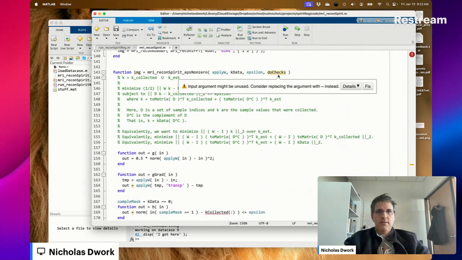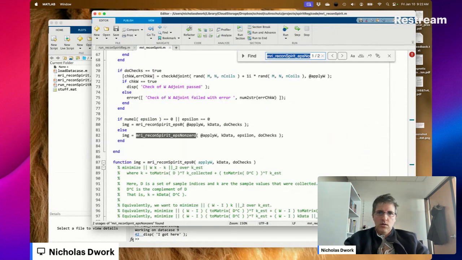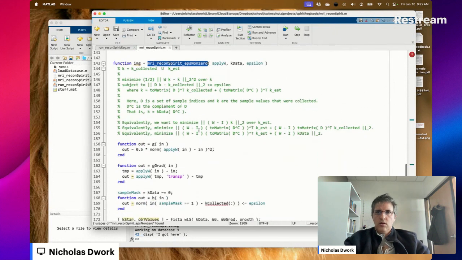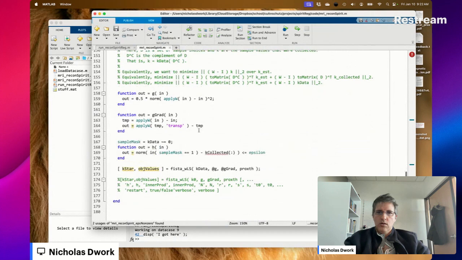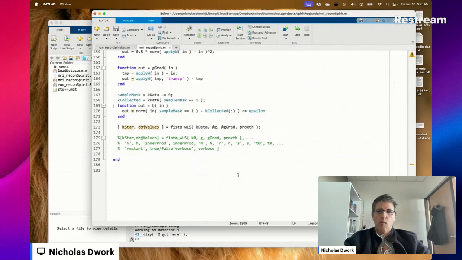I don't know if we're going to have an A for this one. K collected is equal to K data, or sample mask is equal to 1. Oh, okay.